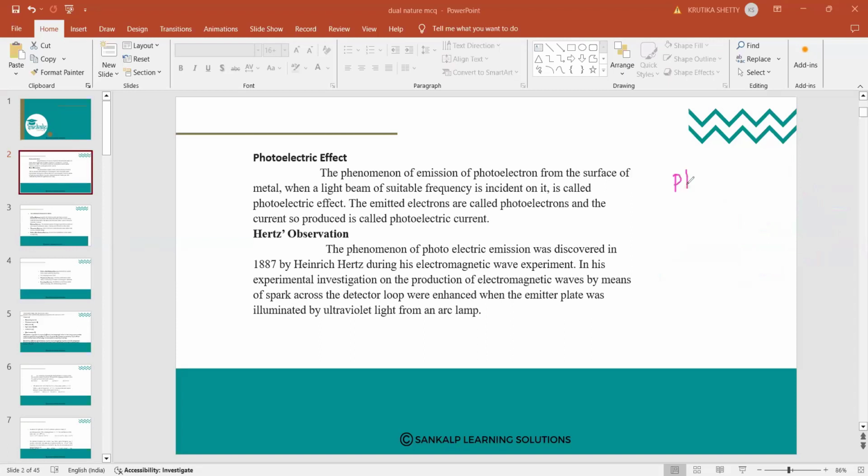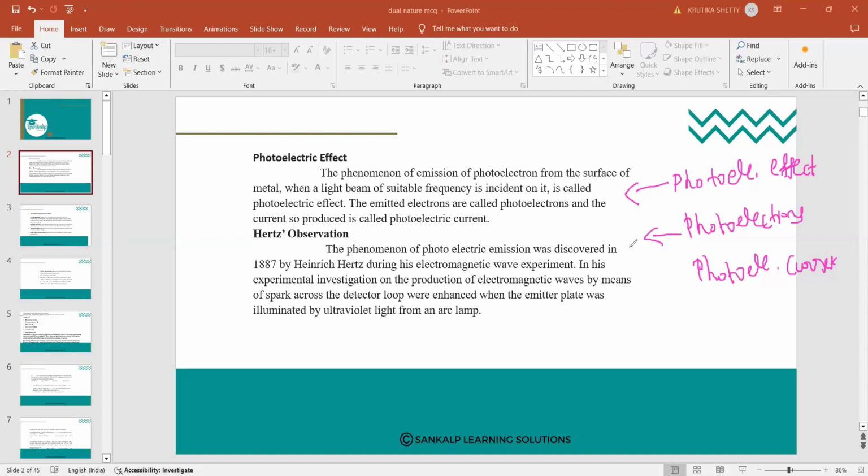So see here, students, what you need to remember: what is photoelectric effect? Three statements: photoelectric effect, photoelectrons, photoelectric current. Okay. So what is photoelectric effect? The emission of electrons from the metal surface when light of suitable frequency falls on it. This is called photoelectric effect.